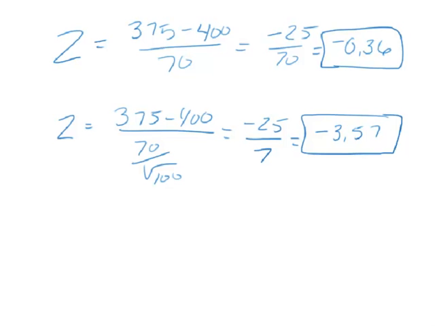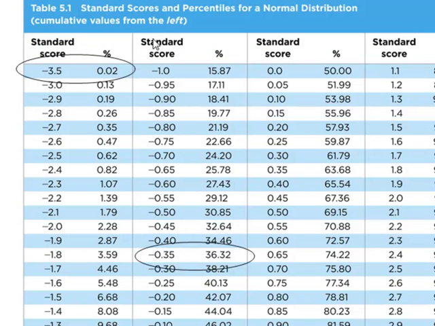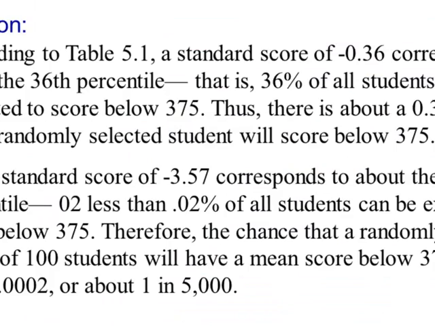Negative 3.57 is below the table, so we're at less than 0.02%. That's a tiny, tiny number. We're far out into the tail. That's very good. As a principal, you have a very good chance of not having these students score below a 375, which is probably good for you.